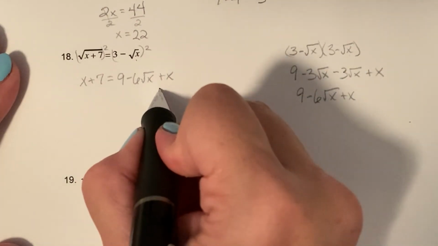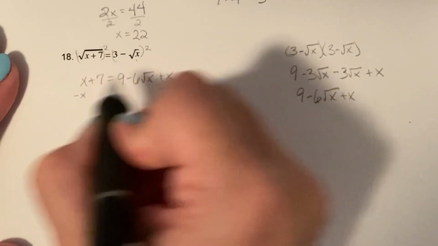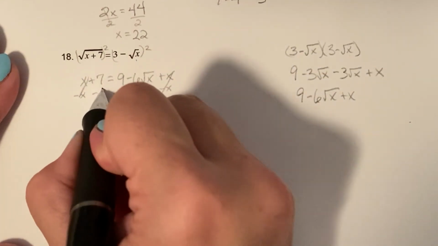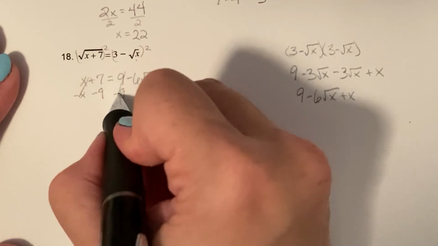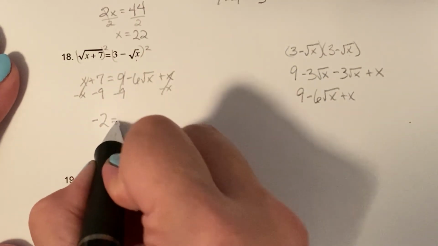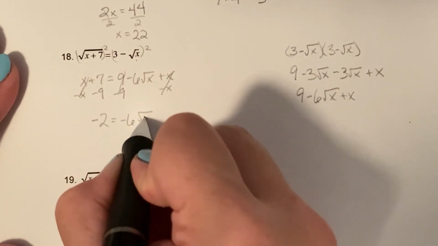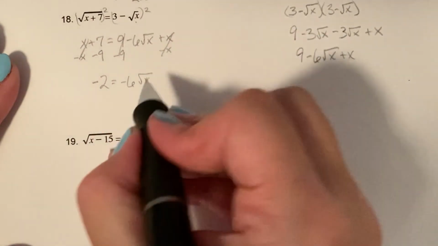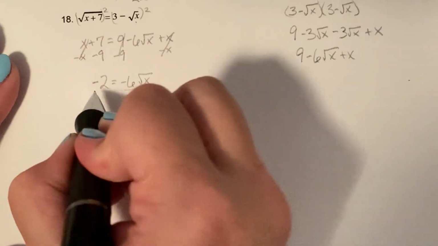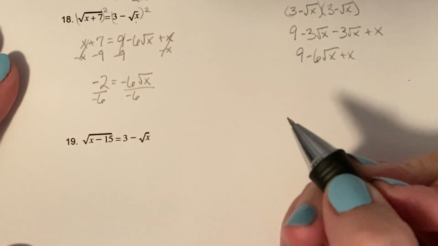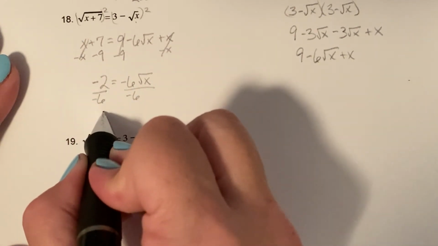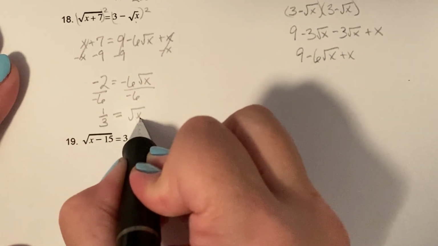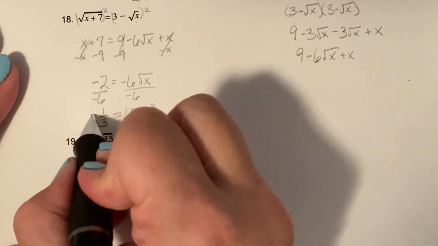Okay, so we're going to subtract the x over. Well, that cancels. And we're going to subtract the 9 over. So we get negative 2 equals negative 6 root x. Divide both sides by the negative 6. And now square both sides.